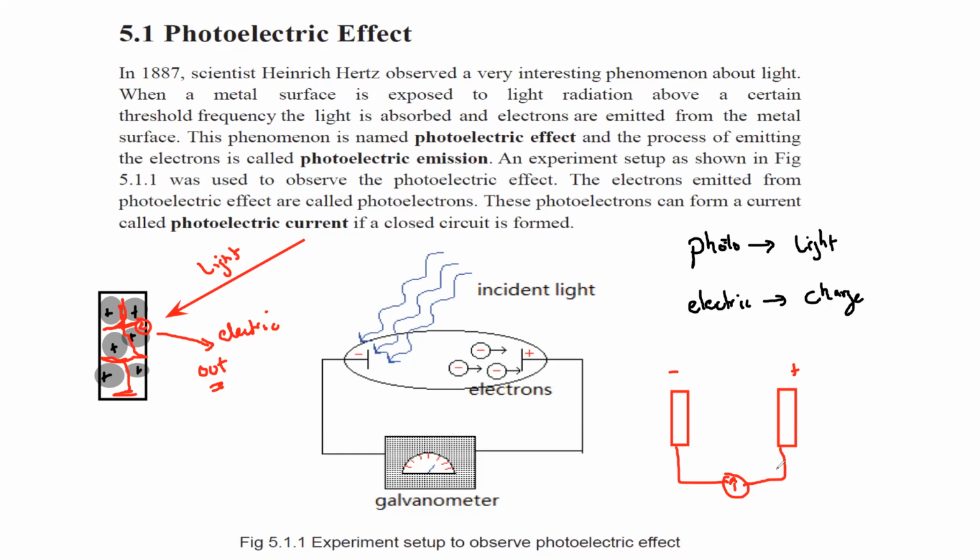That meter in the beginning will show 0. It can be a galvanometer or an ammeter. So that ammeter shows 0 ampere. What does it mean? It means in the beginning there is no current.